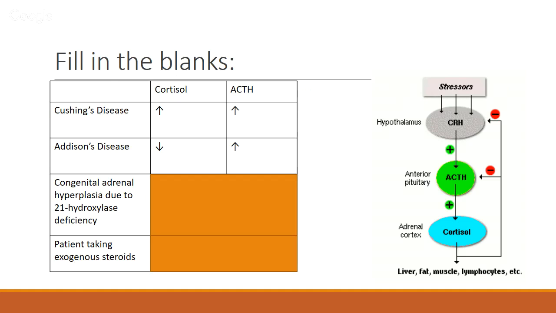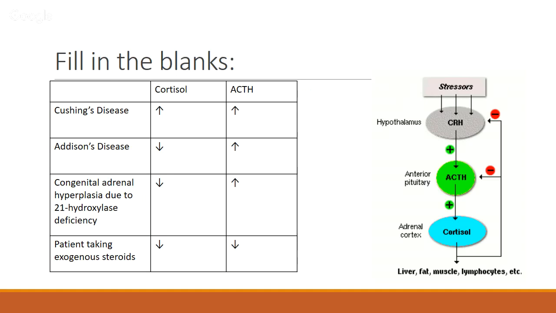In congenital adrenal hyperplasia, it's similar. So cortisol is down and ACTH is up. And in a patient taking exogenous steroids, that inhibits the pituitary production of ACTH, which causes low cortisol as well. And so the fourth scenario is essentially like the dexamethasone test. That might be a way to understand it.